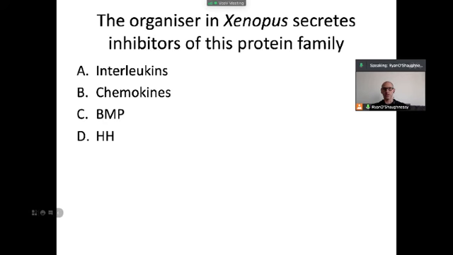So the organizer in Xenopus secretes inhibitors of this protein family. Have a little think about this and then I'll tell you the answer.